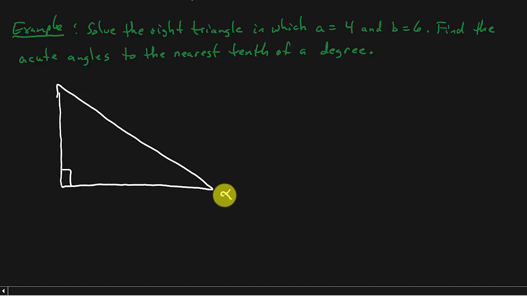So let's draw this. Let's label alpha, beta, gamma, A, B, and C. They tell us that A is equal to 4 and B is equal to 6.